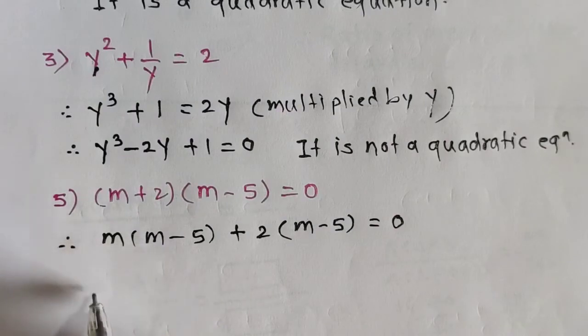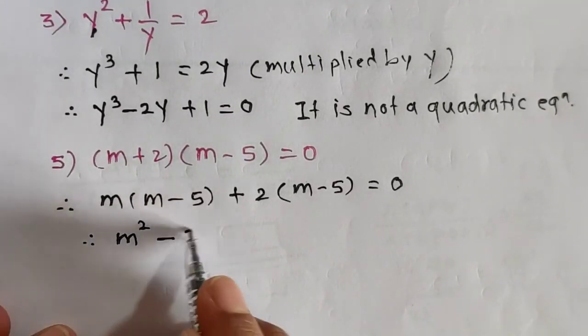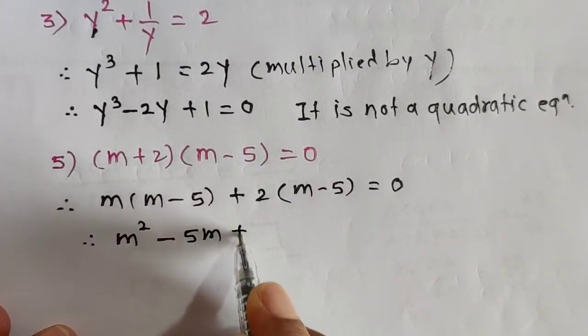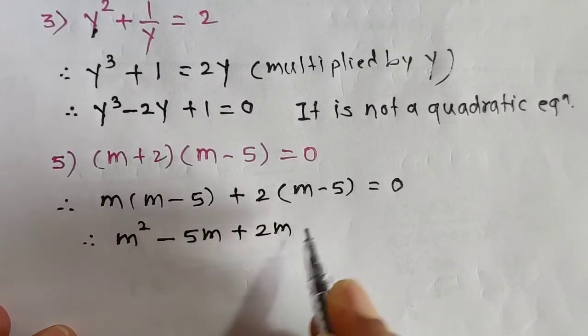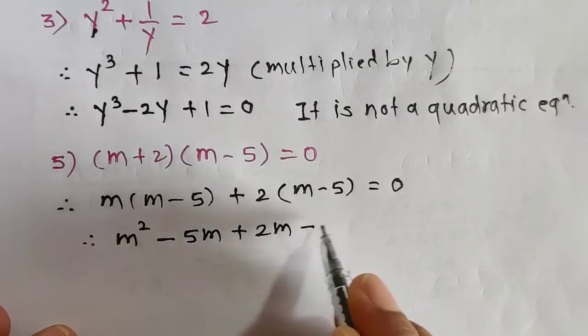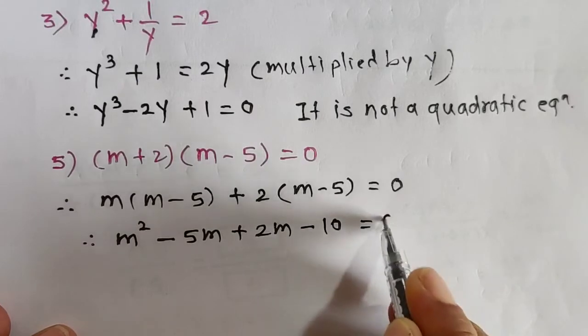m multiplied by m, we get m square, minus 5 into m, 5m, plus 2 into m, 2m, and minus 5 into 2, minus 10, is equal to 0.